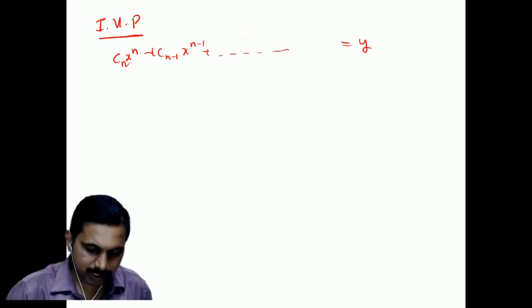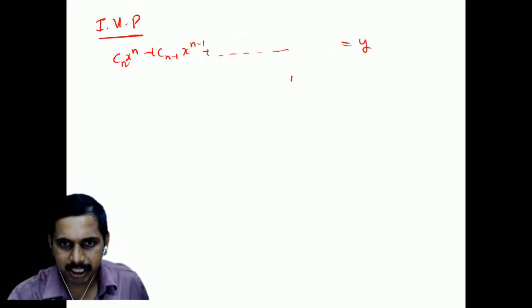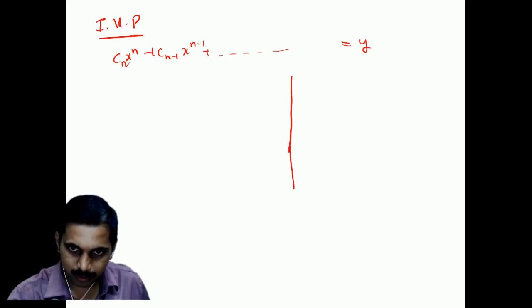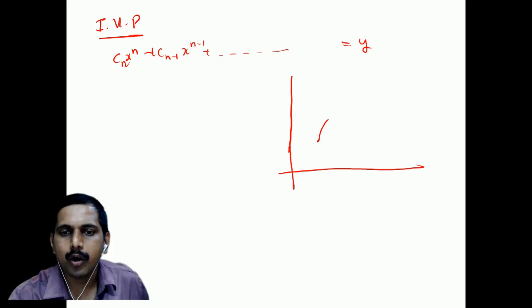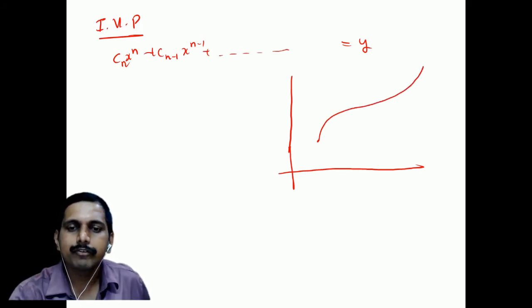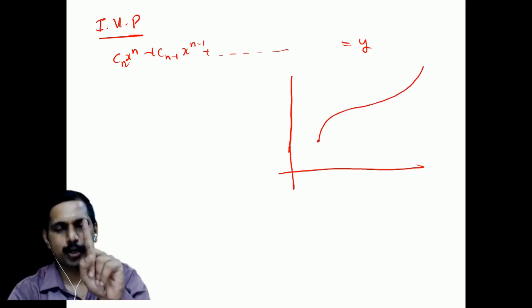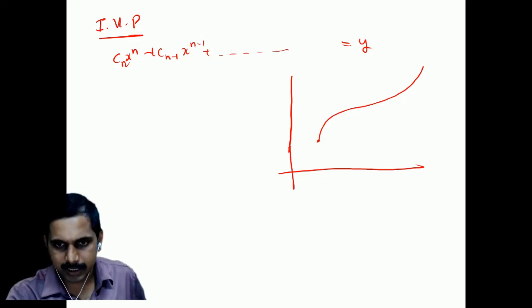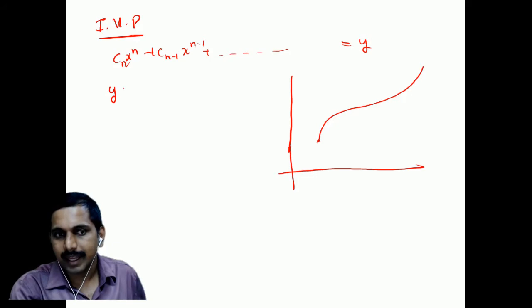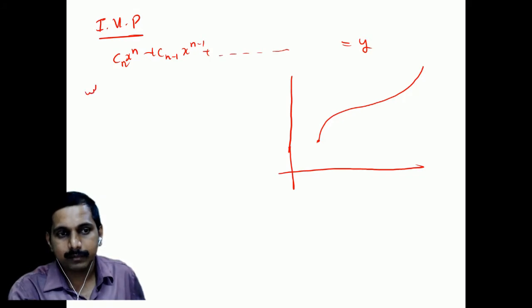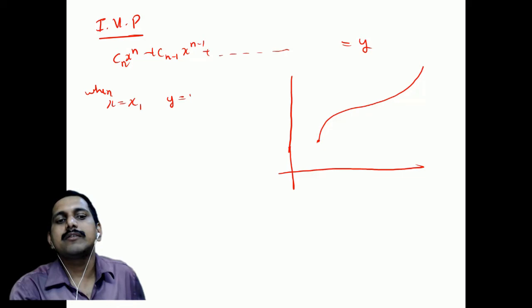Now here, in case of initial value problem, we are not worried about all the points. We talk about the initial point; one point we take. In this, we say what is y at a particular x. That is, when x is equal to x1, y is equal to y1.